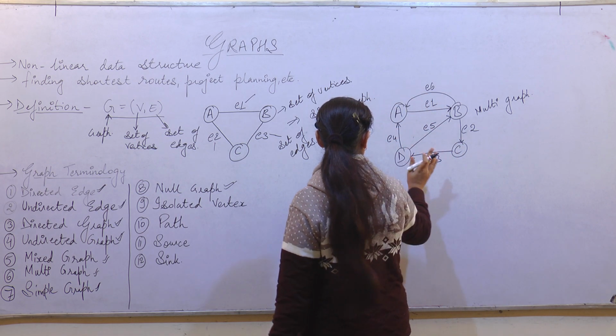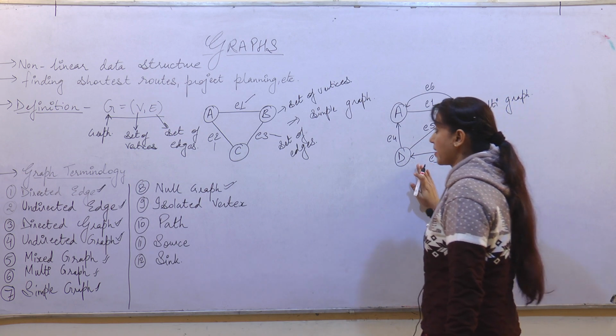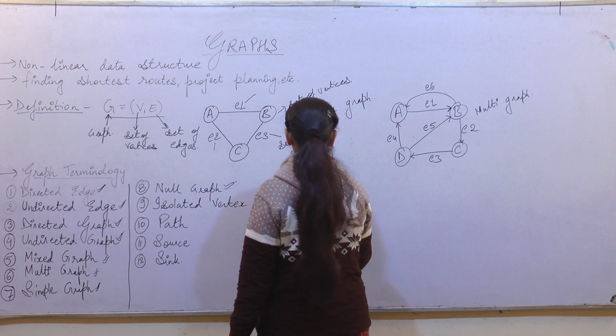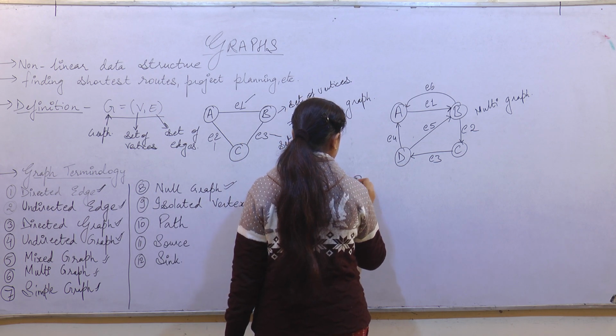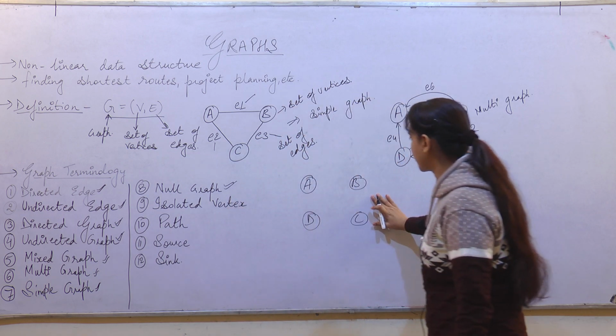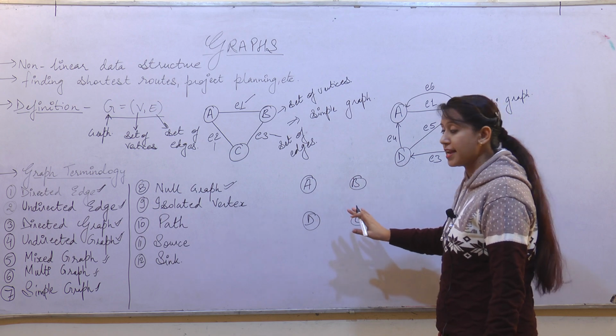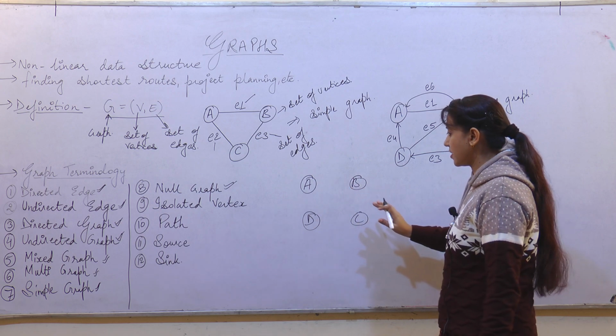For example, the null graph of this graph can be created as A, B, C and D. These are the four vertices. So this becomes our null graph because we don't have any edges joining these vertices.